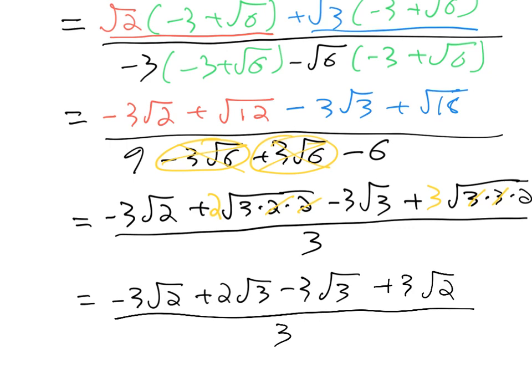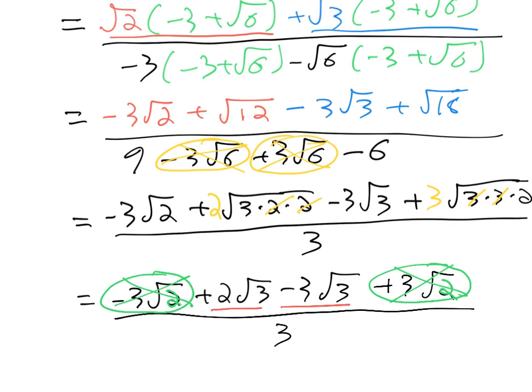What can combine? What can simplify? Well, these are all square roots, so we can add anything together that has the same radicand. So negative 3 root 2 plus 3 root 2, that's 0. 2 root 3 minus 3 root 3 would be negative 1 root 3.